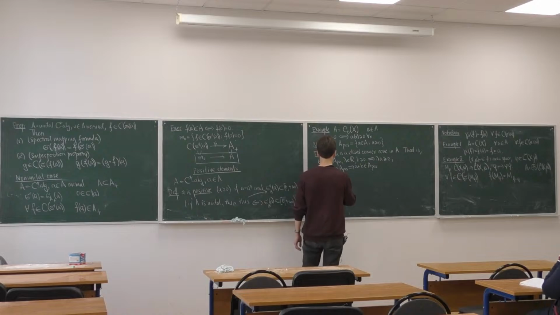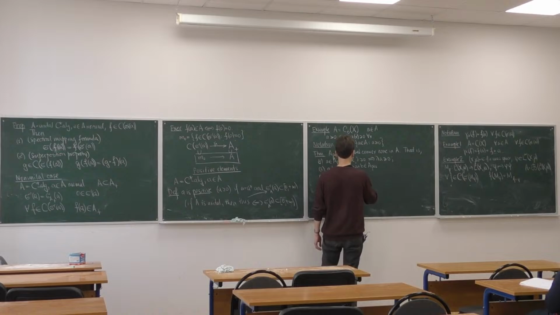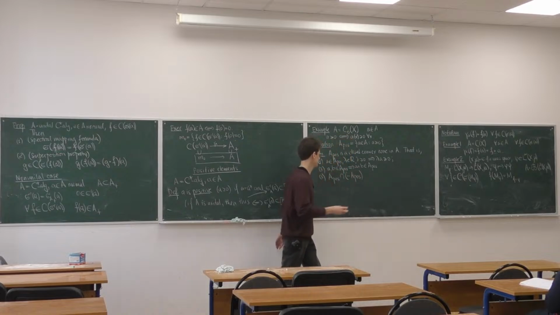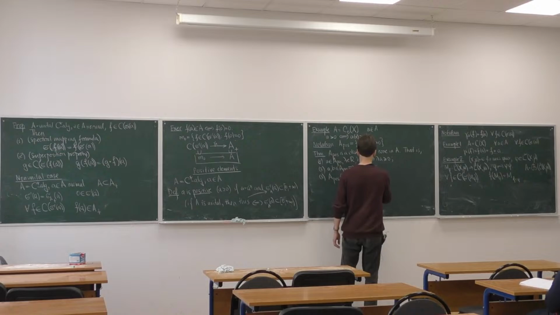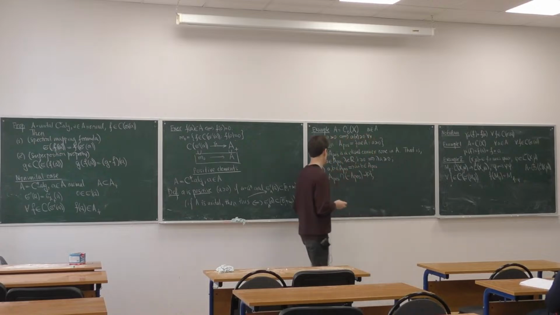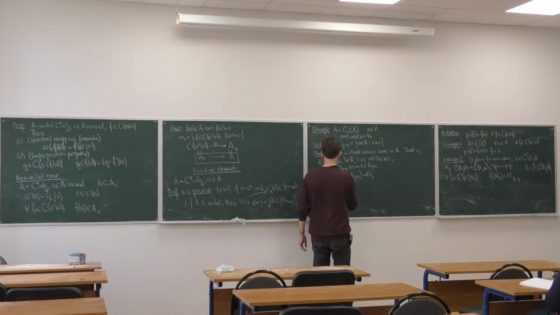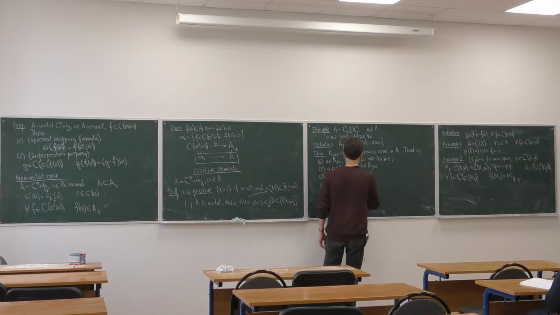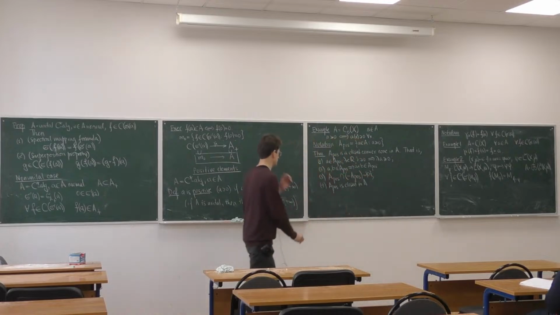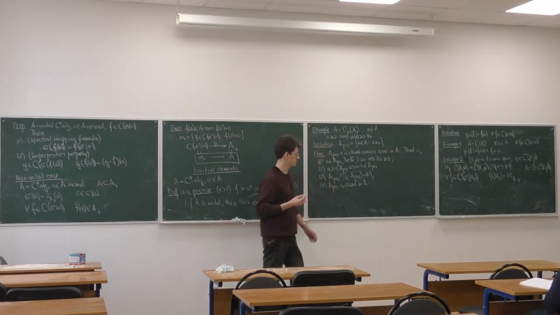Third, if an element is positive and, let's say, negative, then it is 0. And finally, fourth, this set is closed. The set of positive elements is closed in A. Well, just a few words about the proof. Properties 1 and 3 are rather easy.